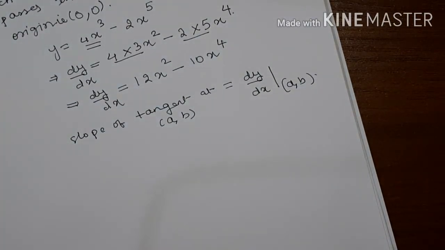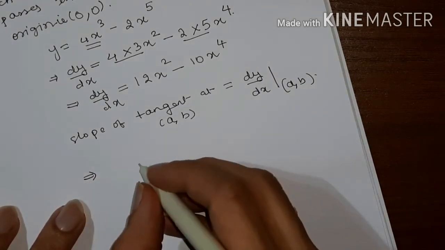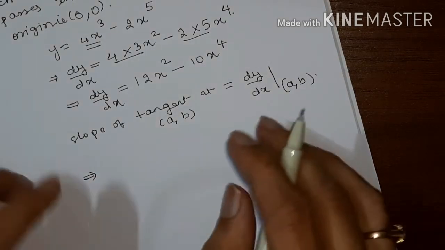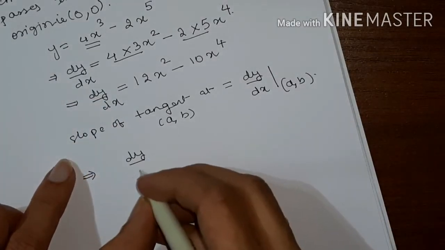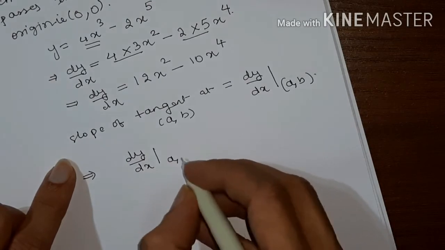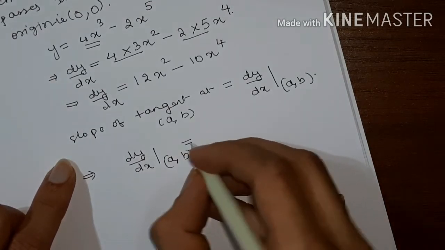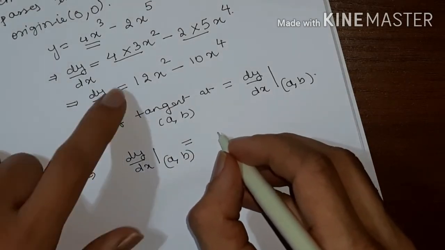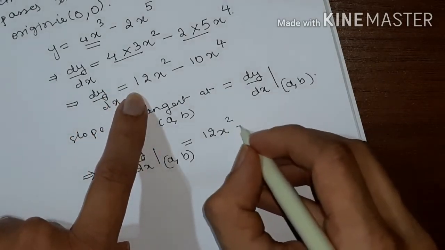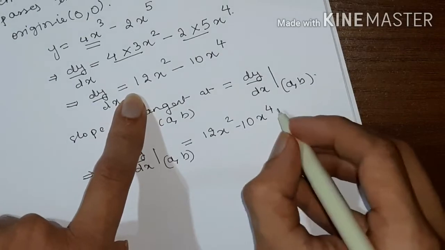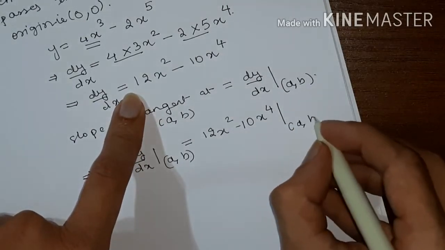So this implies the slope of the tangent, that is dy by dx at the point a comma b, is equal to 12x square minus 10x raised to 4 at the point a comma b.